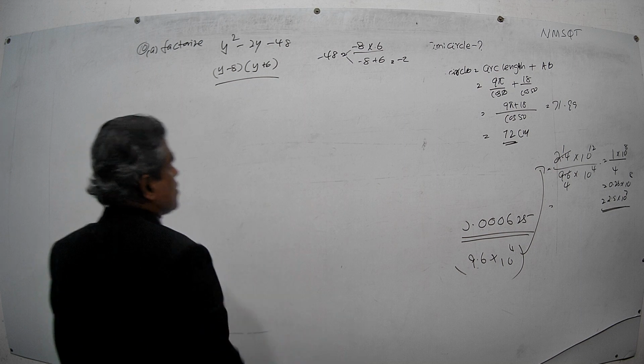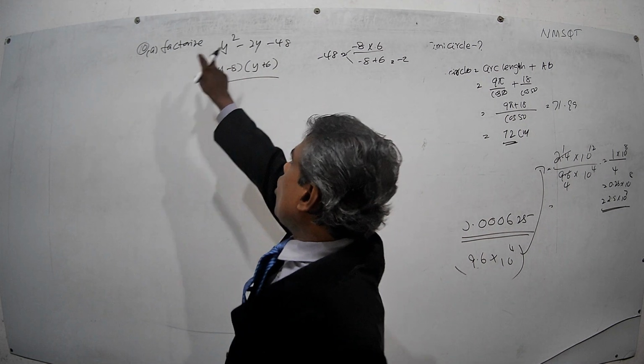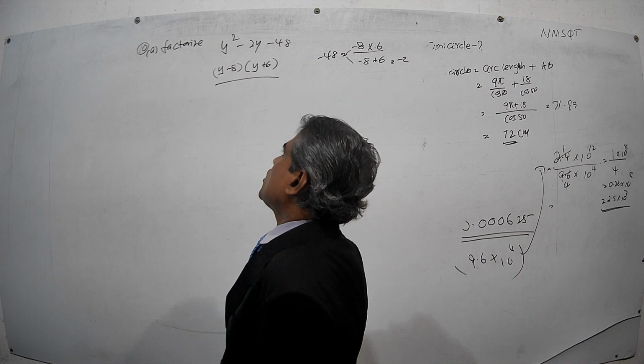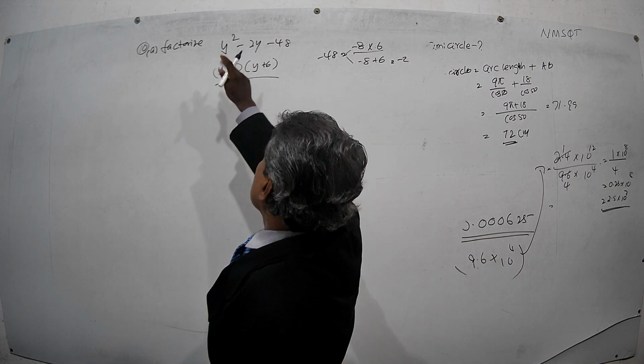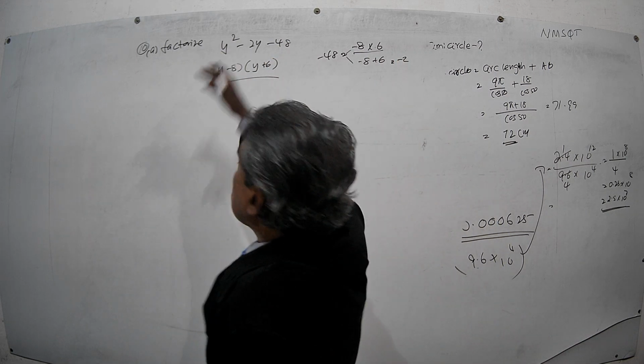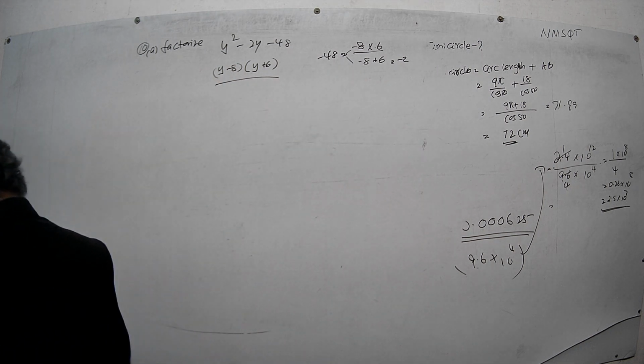You first check whether the coefficient of the square term is positive 1. If it is, you can straight away find the factors like this. If it is some other number or negative 1, you can't apply it, and you have to do it in a different way, right?